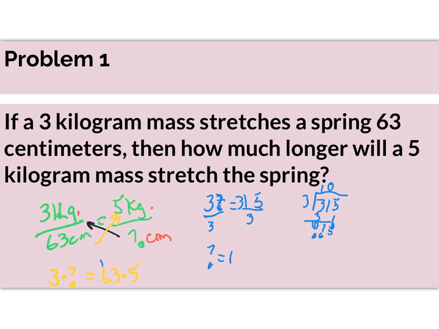Bring it down to 5. 3 goes into 15 5 times. And look at that, we have no remainder. So 105. So a 5 kilogram mass will stretch the spring 105 centimeters.